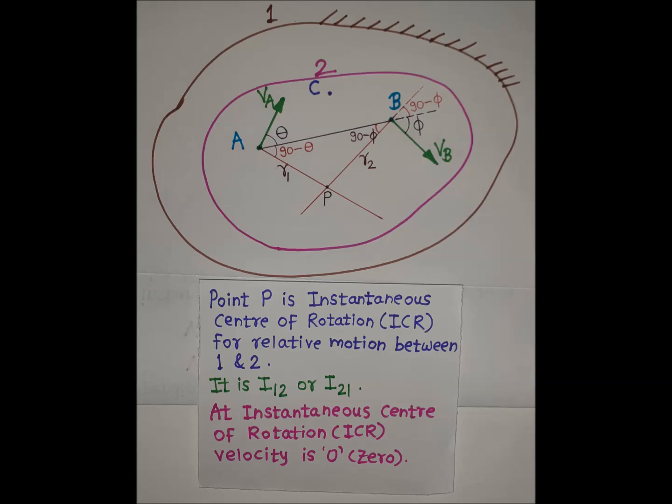By drawing perpendicular to VA and VB, we will get point P at intersection of these perpendiculars, and that point P is nothing but ICR, or Instantaneous Centre of Rotation for relative motion between body 1 and 2, that is I12. At ICR, relative velocity between body 1 and 2 will be 0.